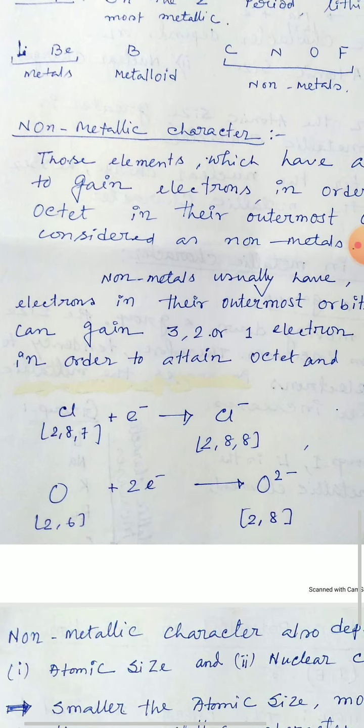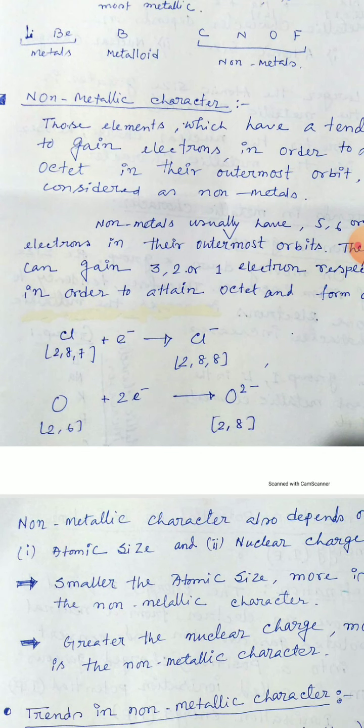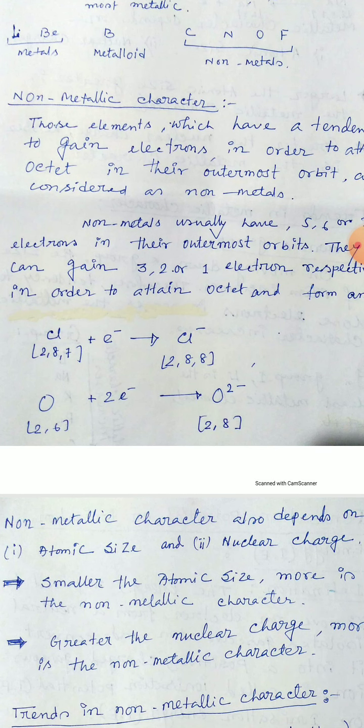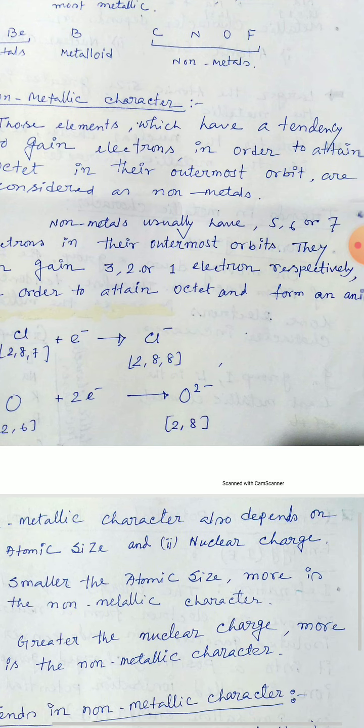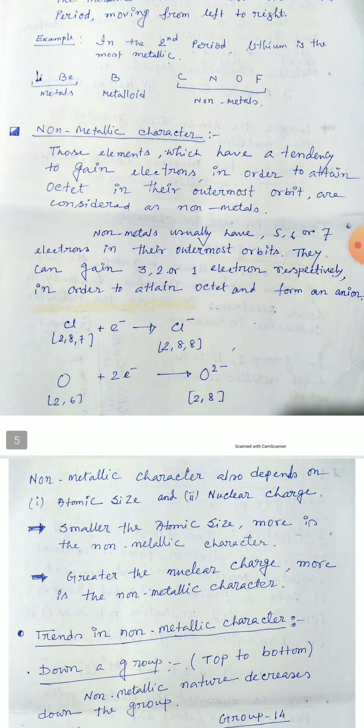Now non-metallic character is just the opposite of metallic character. The metallic character is the tendency to lose electron and non-metallic character is the tendency to gain electron in order to attain octet in their outermost orbit. So those elements which have a tendency to gain electrons in order to attain octet in their outermost orbit are considered as non-metals.